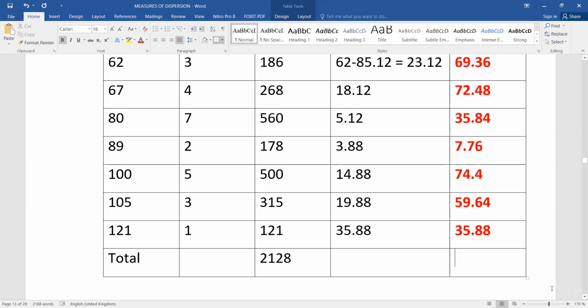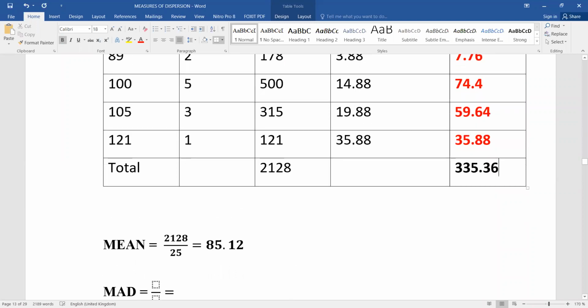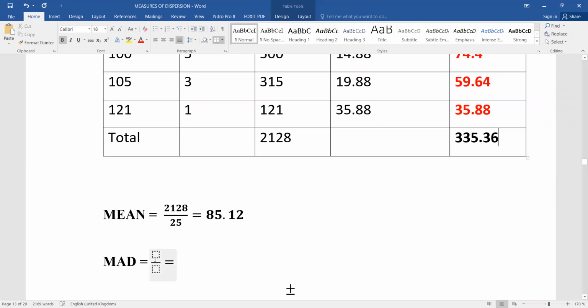Birungi is saying 335.36. So we divide that by the frequency.